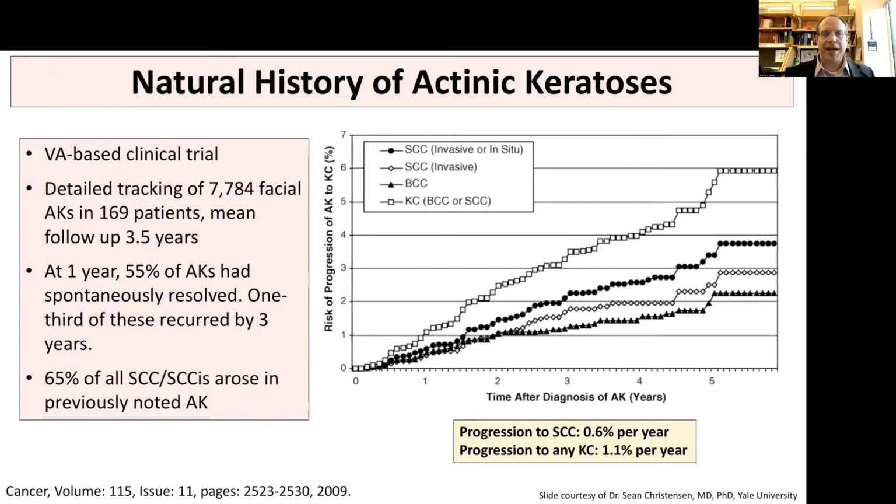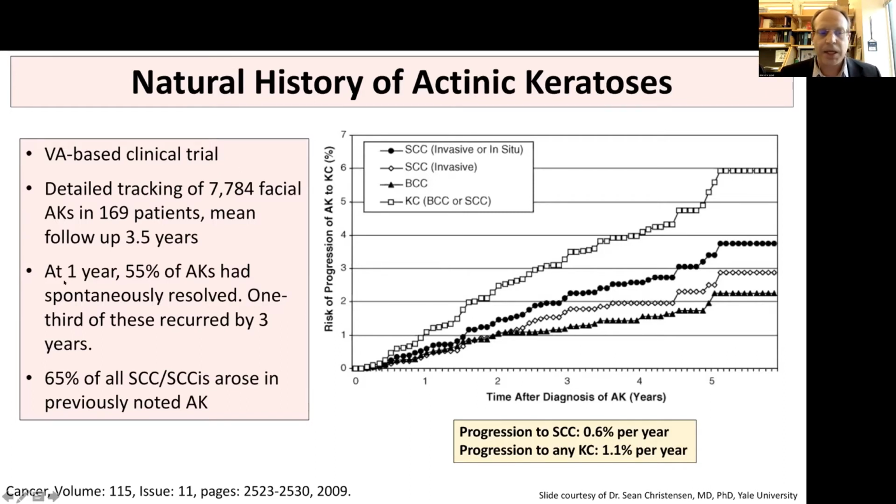So let's take a look at some natural history of actinic keratoses. This is data based on a VA-based clinical trial where approximately 7,800 facial actinic keratoses were followed in about 170 patients over an average period of 3.5 years.